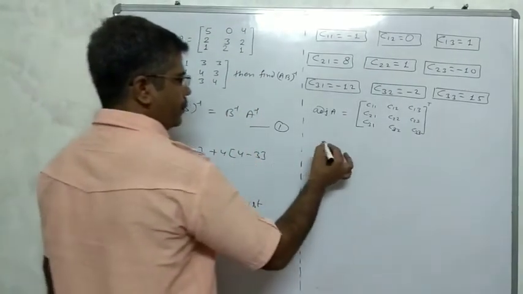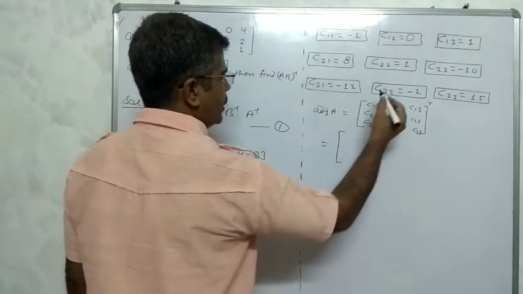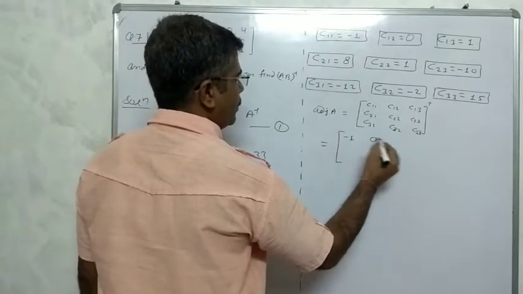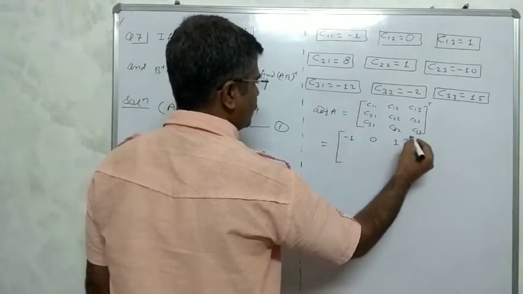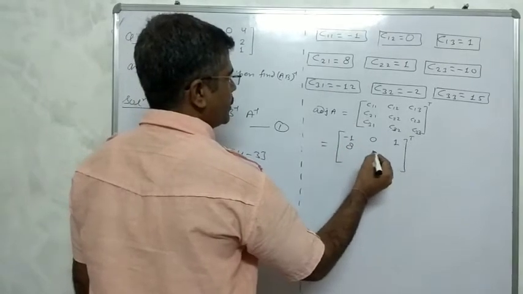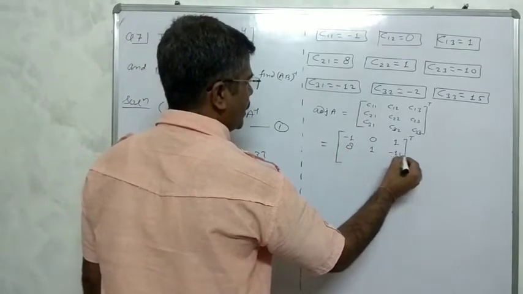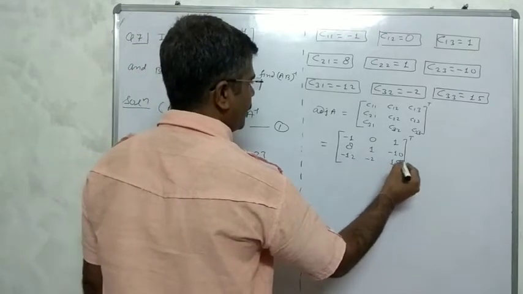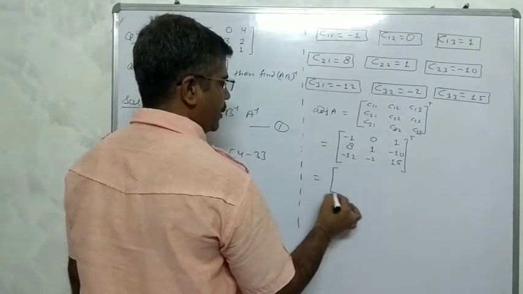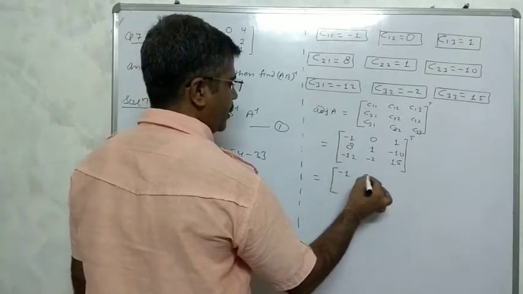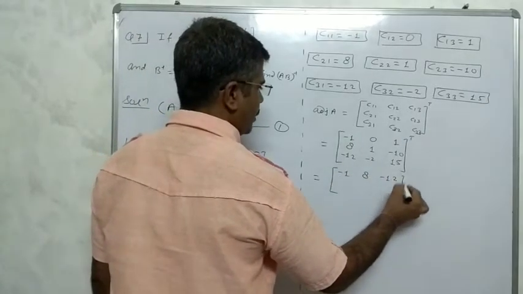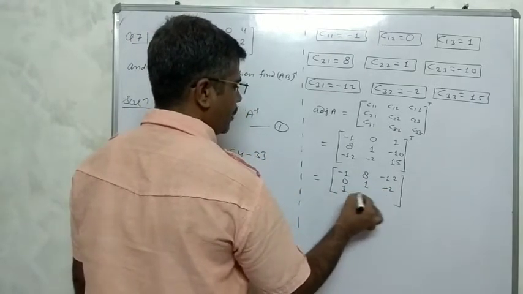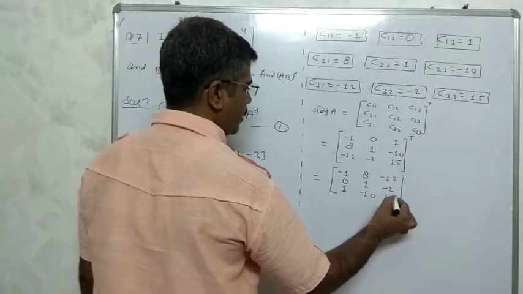We put the values of C11, C12, C13 from here: minus 1, 0, 1, 8, 1, minus 10, minus 12, minus 2, 15. We get the matrix [minus 1, 8, minus 12; 0, 1, minus 2; 1, minus 10, 15].